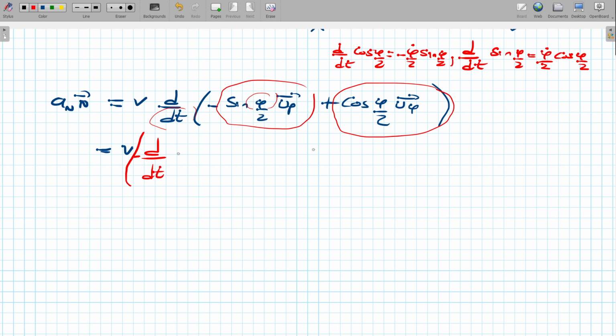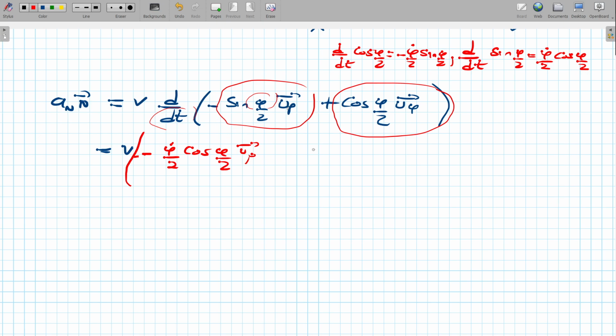If you differentiate this, you're going to get, now let me just write the full thing. Here you're going to have minus phi point divided by 2, and then you have cosine phi divided by 2, and then we leave the u r alone.